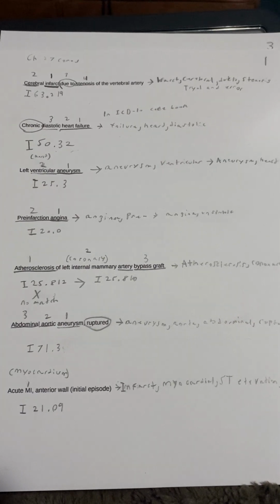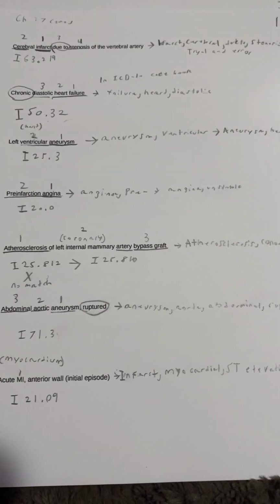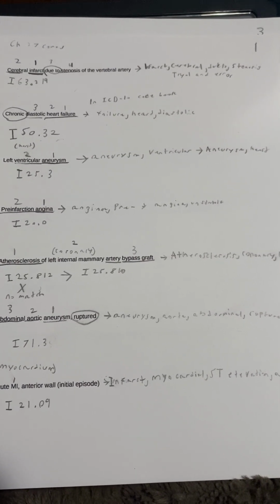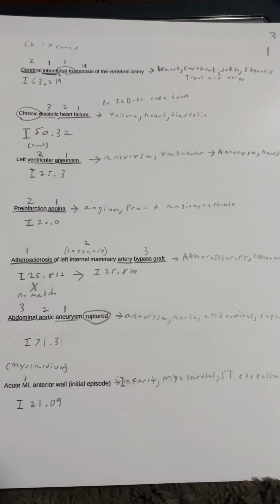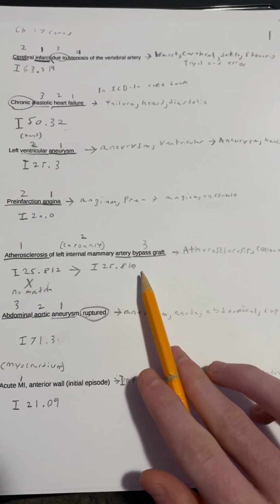I scrolled up a little bit to look for something that matched better and more accurately, and that ended me at atherosclerosis of coronary artery bypass graft without angina pectoris, which also stands for the graft not otherwise specified. So that's why I put I25.10.